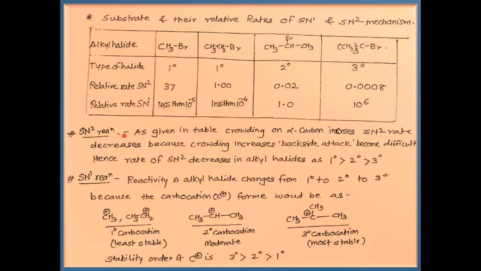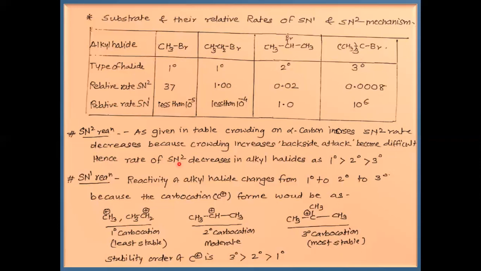So how and why, that we will see here. SN2 reaction, as given in the table: if crowding on the alpha carbon increases, the SN2 rate decreases, because crowding makes the backside attack difficult.